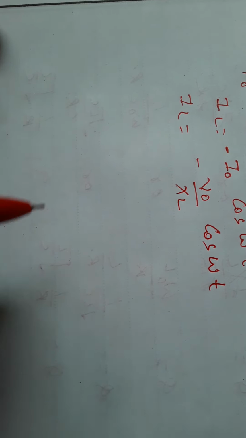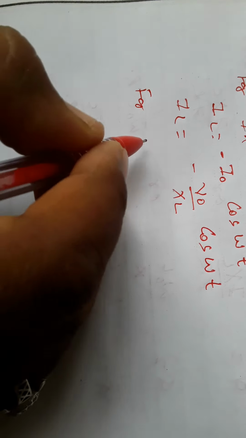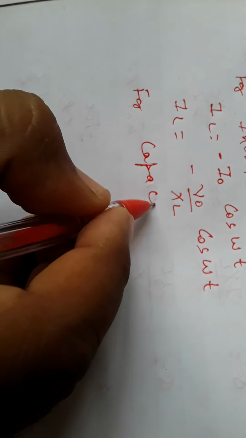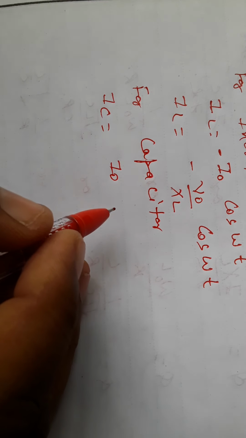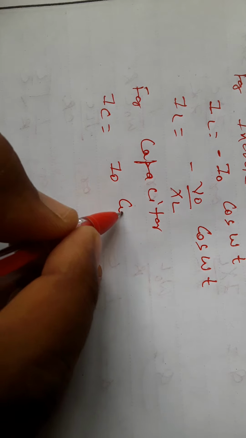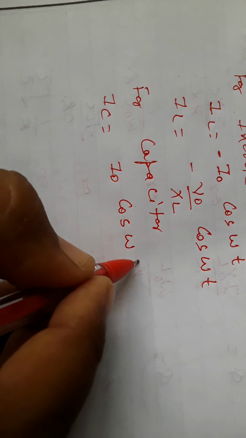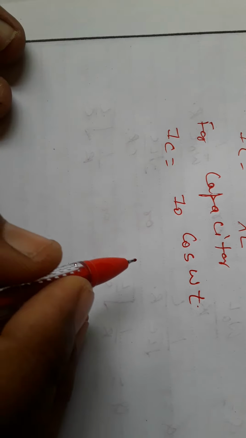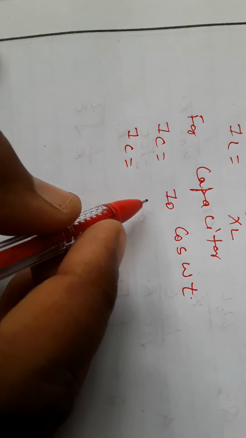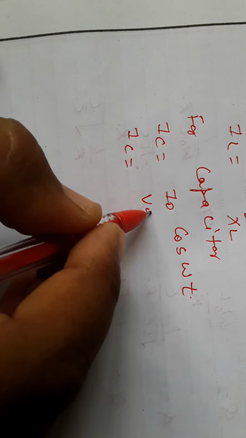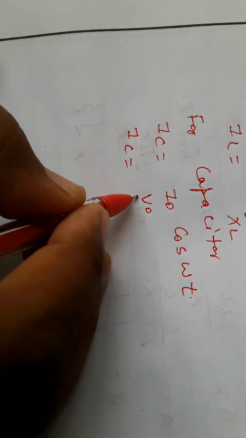For the capacitor, we know IC is equal to I naught into cos omega t, and I naught is V naught by XC into cos omega t.